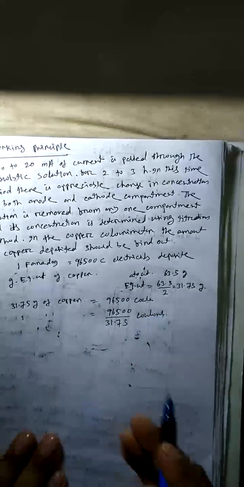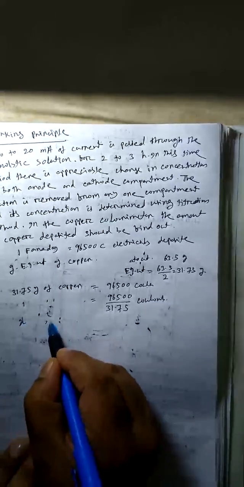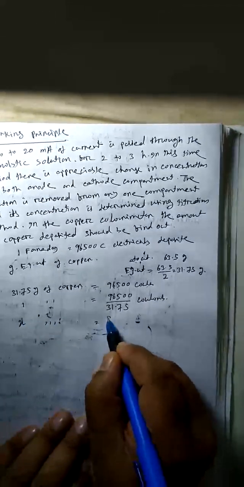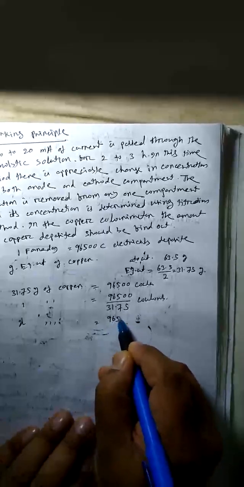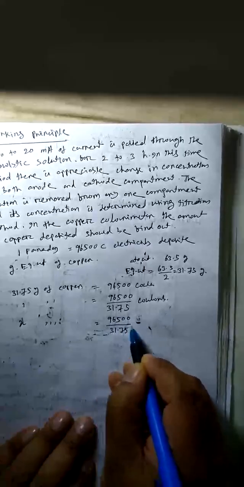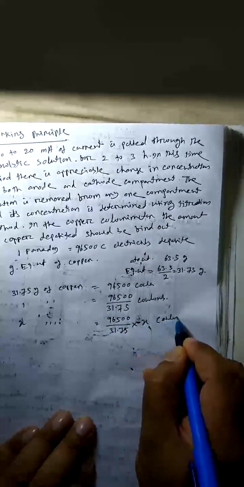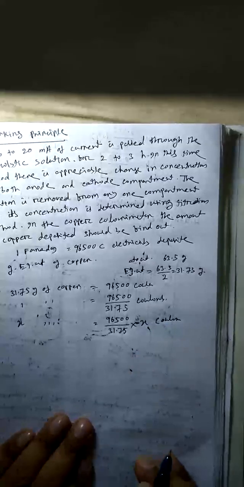Then you determine the amount of copper deposited. Suppose x gram of copper is deposited. Then the amount of charge passed is 96,500 divided by 31.75 into x coulomb.